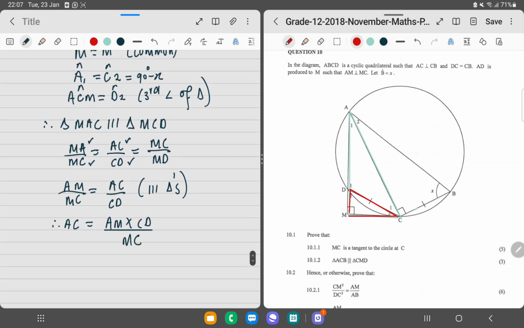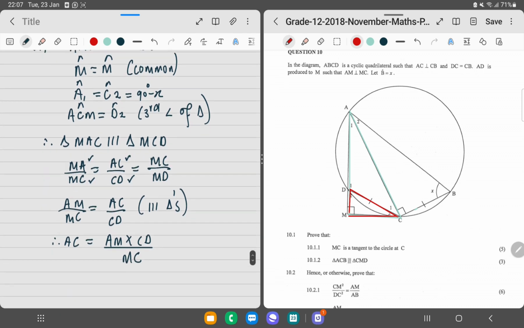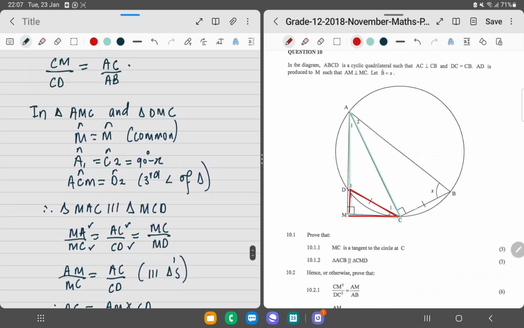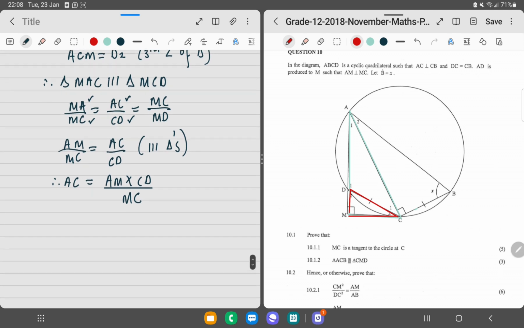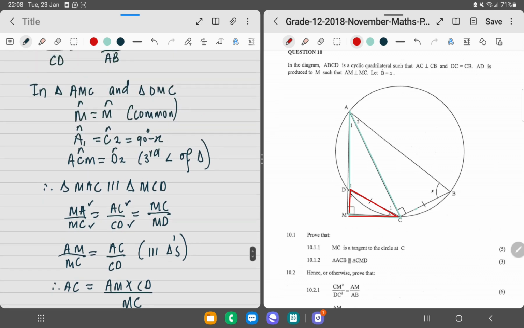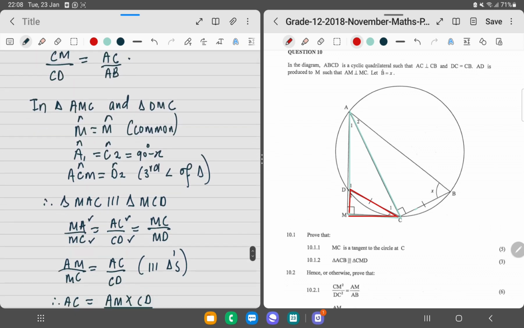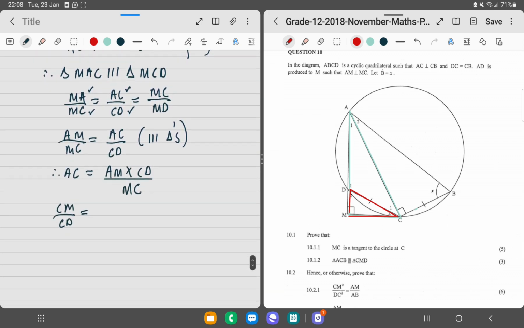So I'm just going to substitute AC into that. So CM over CD should be equal to AC over AB. So AC is AM multiplied by CD over MC.